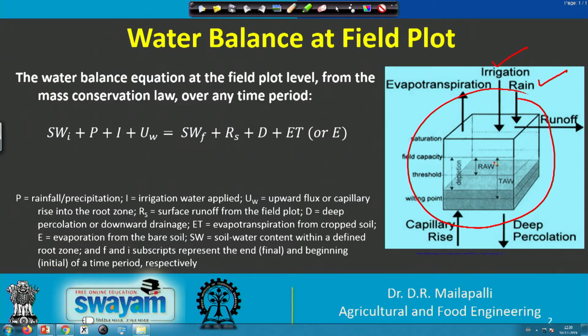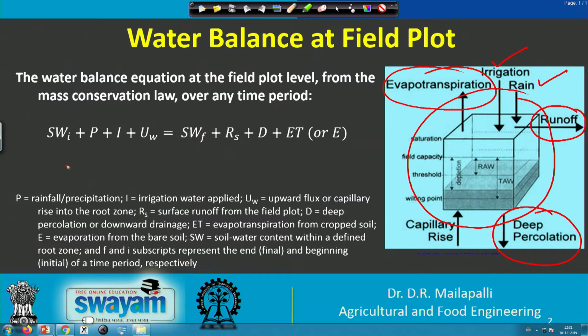Then the losses could be runoff, the amount of water running off from the field. The other is the evapotranspiration through plants and the ground, and the other loss is deep percolation. The water which is passing through the root zone is called deep percolation.